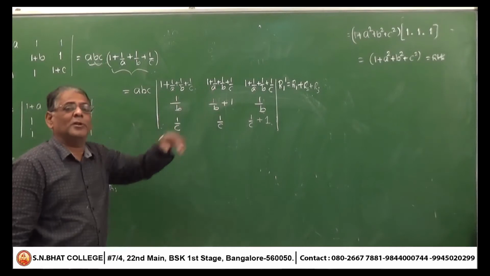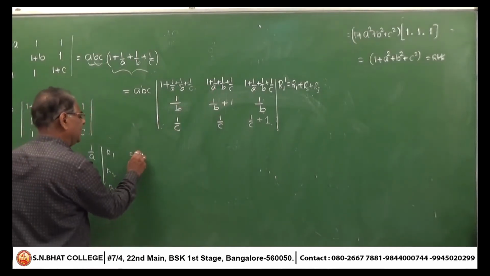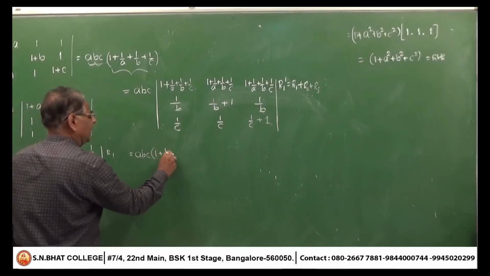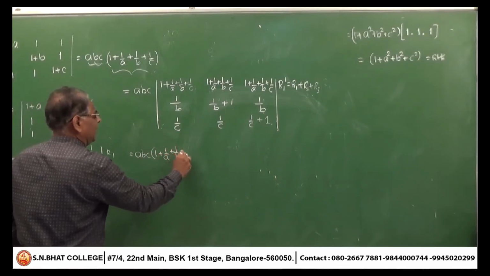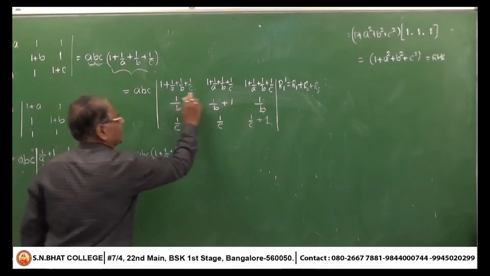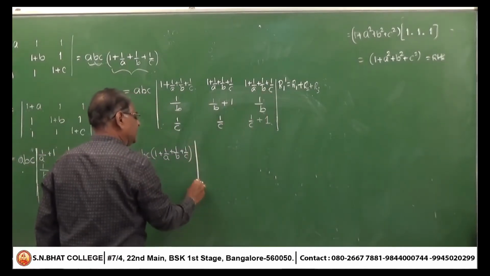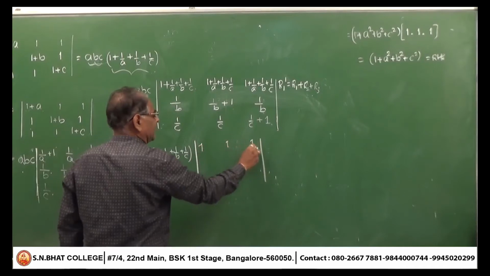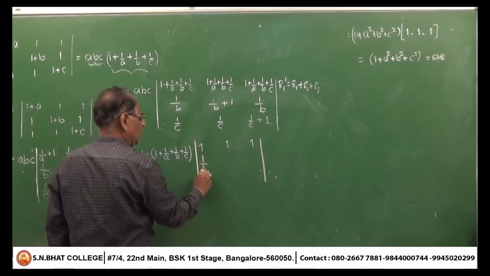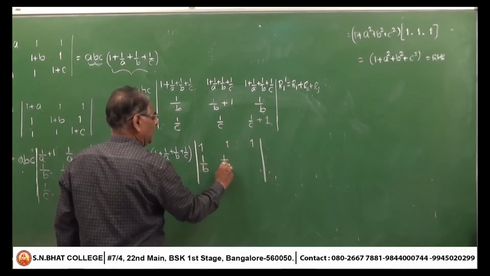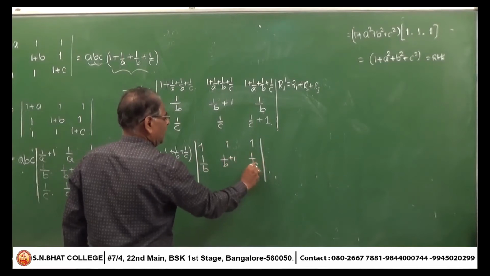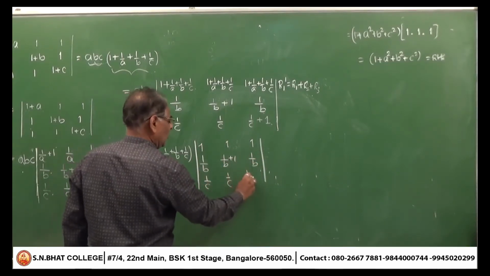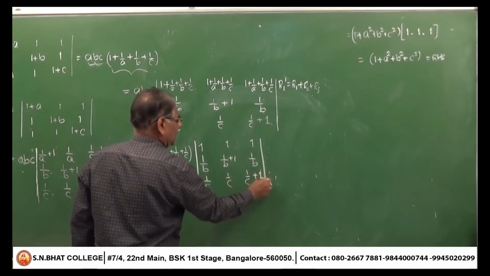Next, in the first row, what is the common factor? It is 1 plus 1 by A plus 1 by B plus 1 by C. You are left with the determinant of, after taking the common factor, these 3 elements becoming 1, 1, 1, then 1 by B, 1 by B plus 1, 1 by B, and 1 by C, 1 by C, 1 by C plus 1.